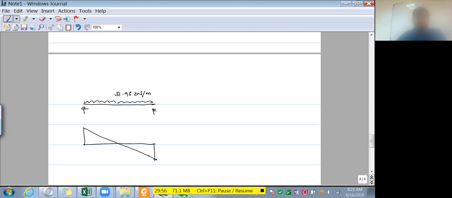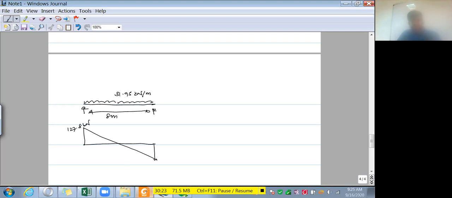What is this maximum shear? That is equal to the support reaction. So 31.95 into 8 over 2, 127.8 kilonewton. The span is 8 meters.